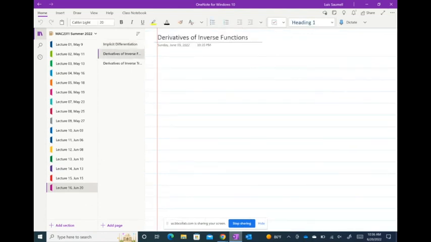We can use this idea to find the derivative of inverse functions. And here, this is quick, so let me just give you the full story. So recall, do you know what's an inverse function? Yes, it's given a function.